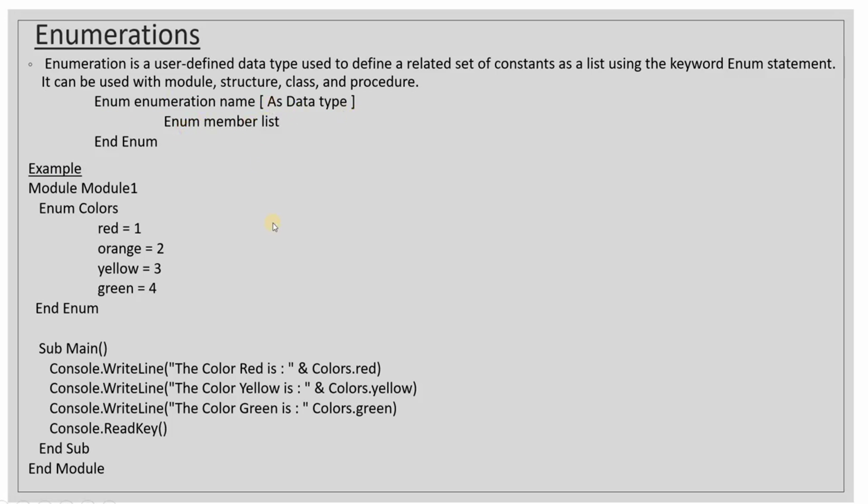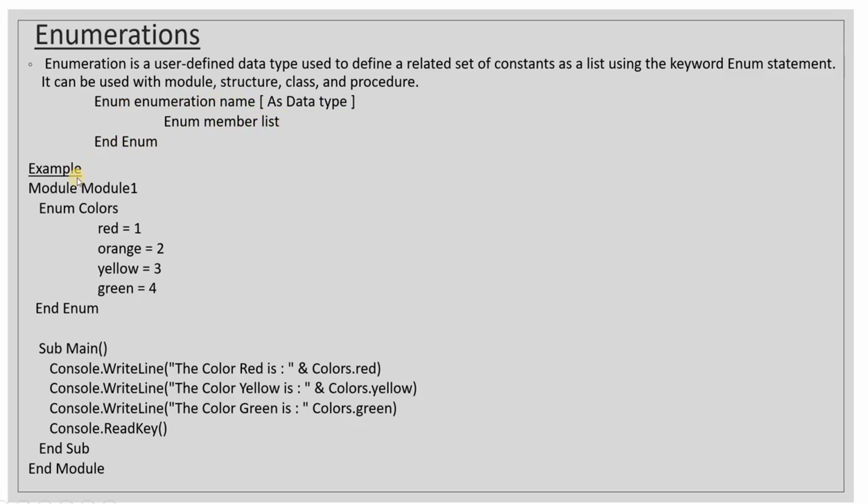Why do we need an enumeration? When we want to define our own data type, this user-defined data type, then we use an enumeration. The syntax is Enum, enumeration name as data type, then the enum member list and End Enum.